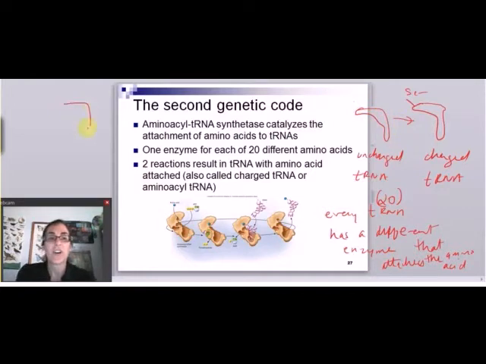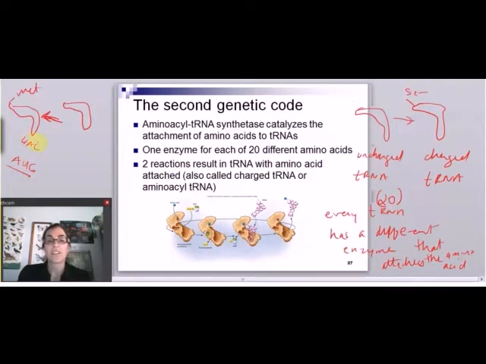A different tRNA should be matched to methionine, for example. So if this tRNA is going to become charged and have methionine on it, then remember it must have a UAC anticodon. And again, that's to match the AUG codon, right?